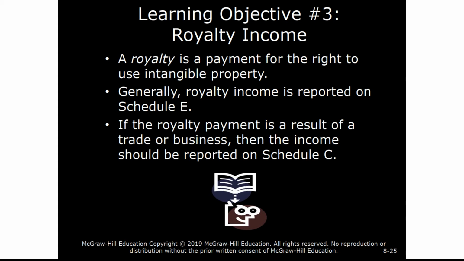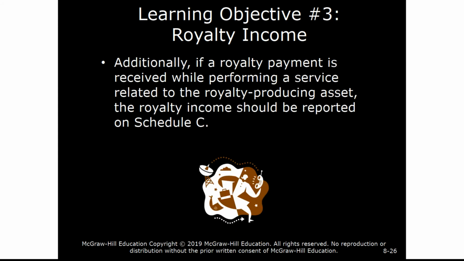Not all royalty income is reported on Schedule E, but if you have royalty from your primary business, then that may be reported on Schedule C. But if you wrote a book on the side, and maybe you work as an accountant or a manager or HR person, then any royalties you receive on that book would be reported on Schedule E.